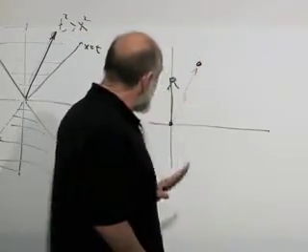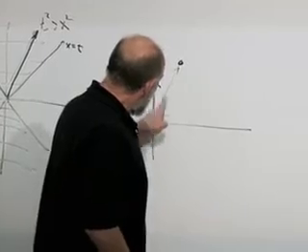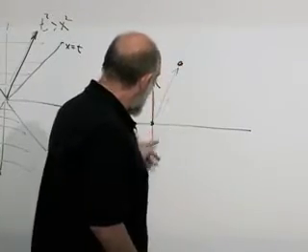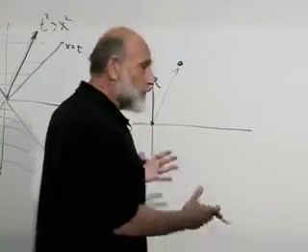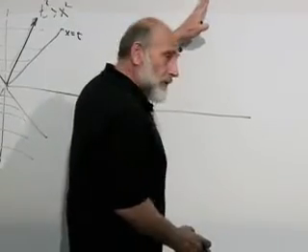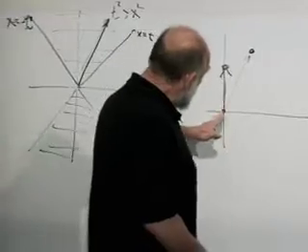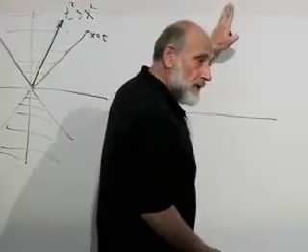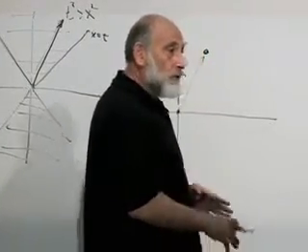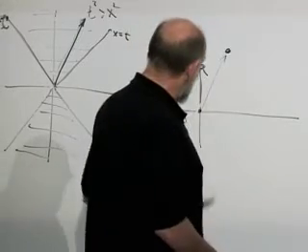We could always think of this particle, object, observer, as being at rest. We could always do a Lorentz transformation. So this guy is the guy at rest.